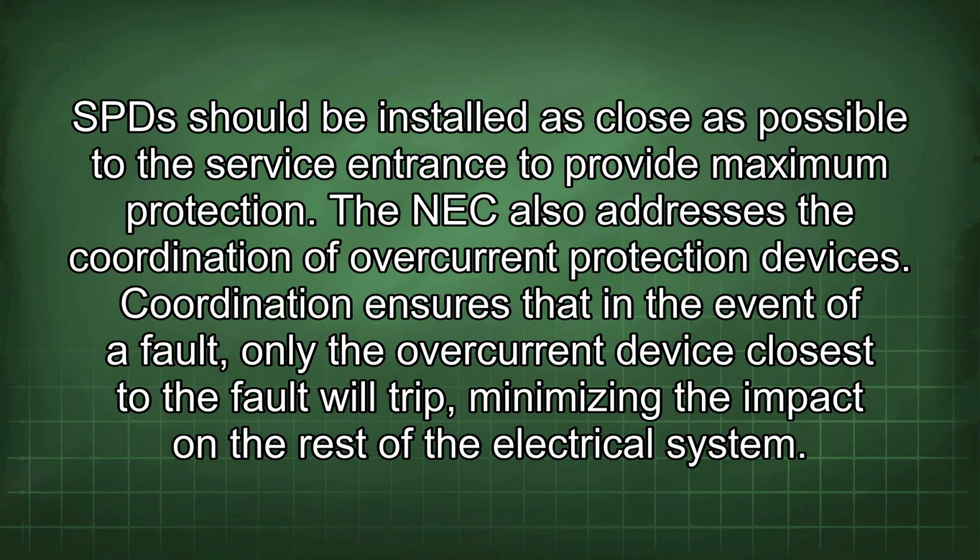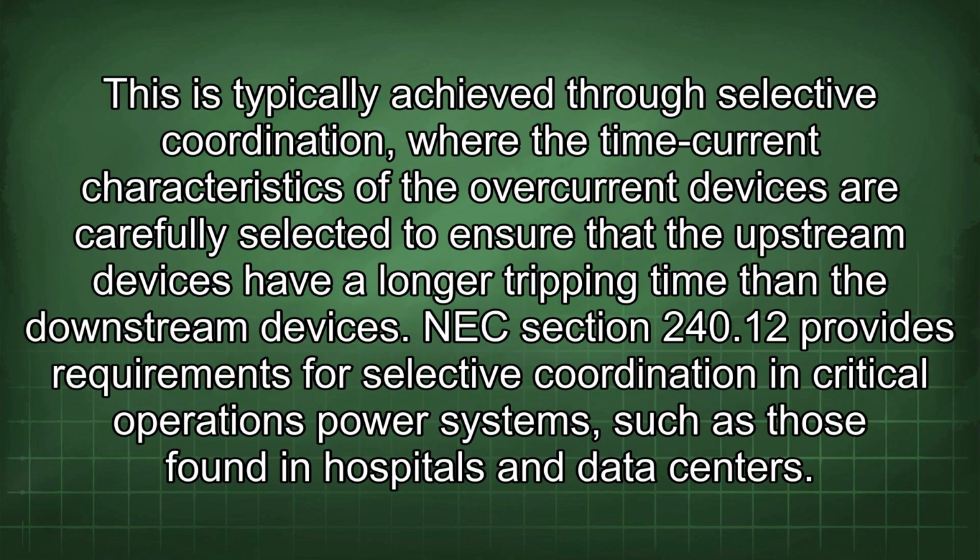The NEC also addresses the coordination of overcurrent protection devices. Coordination ensures that in the event of a fault, only the overcurrent device closest to the fault will trip, minimizing the impact on the rest of the electrical system. This is typically achieved through selective coordination, where the time current characteristics of the overcurrent devices are carefully selected to ensure that the upstream devices have a longer tripping time than the downstream devices.